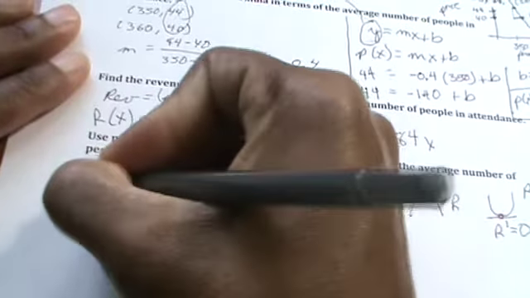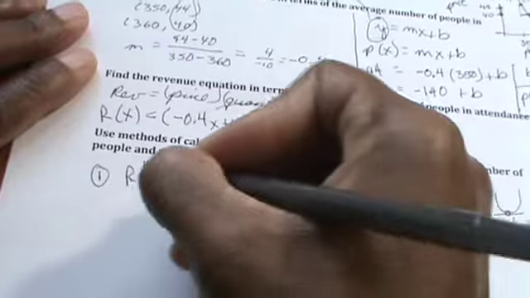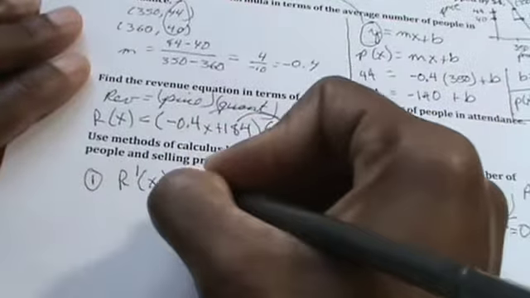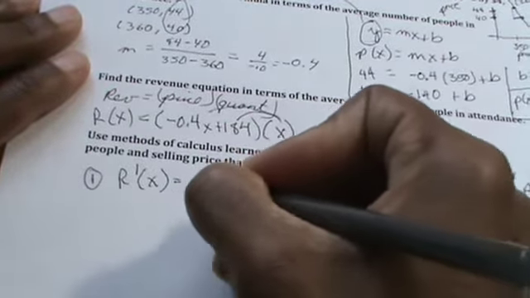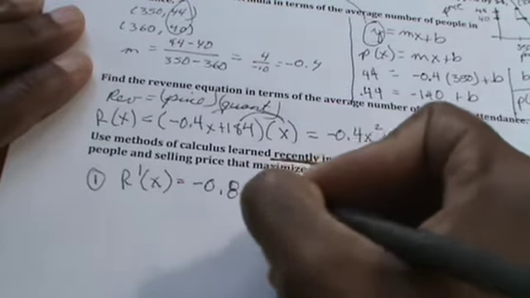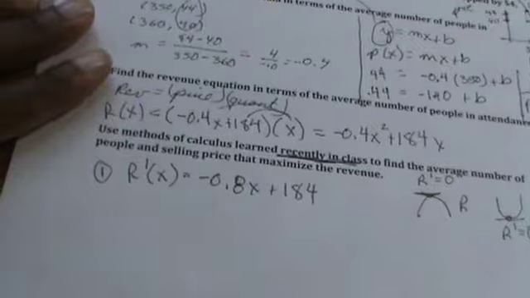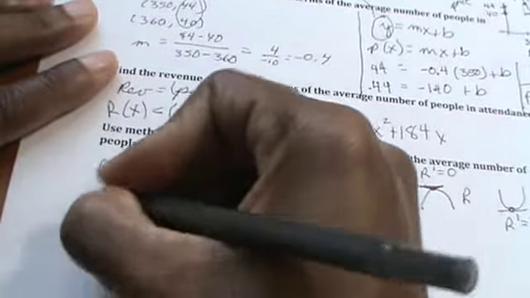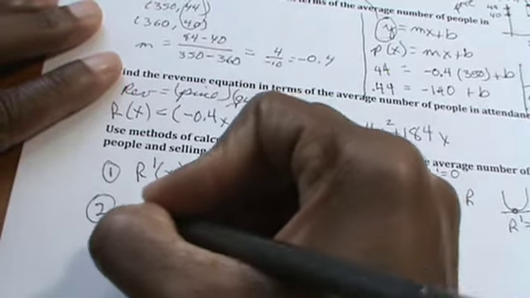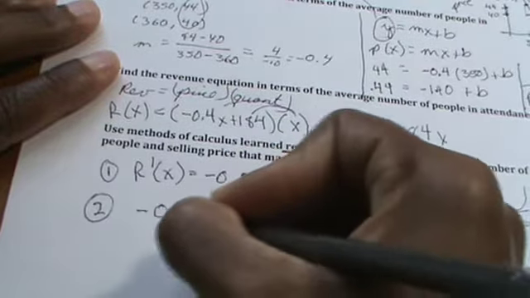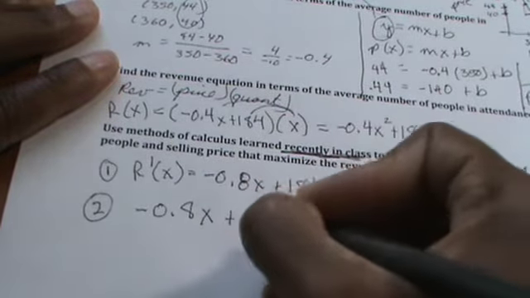Here we go. Step 1, R prime of x: take your derivative. Using the power rule, the derivative here is negative 0.8x plus 184. So step 1 is just take the derivative. Step 2 is to set your derivative equal to 0. So negative 0.8x plus 184 equals 0.